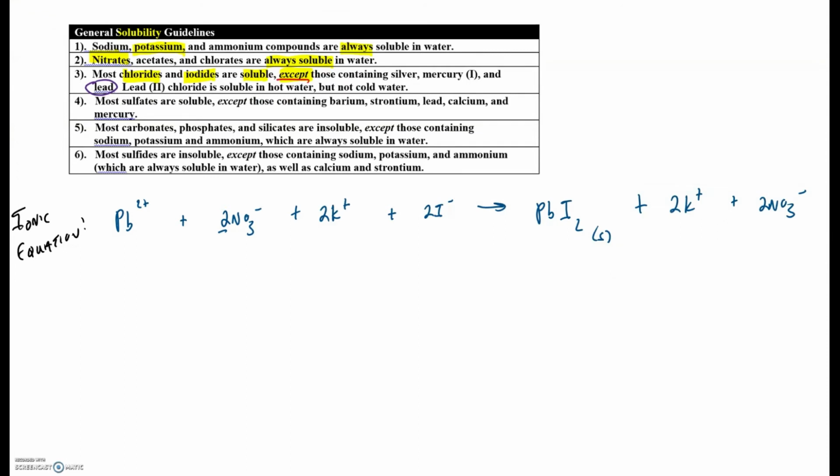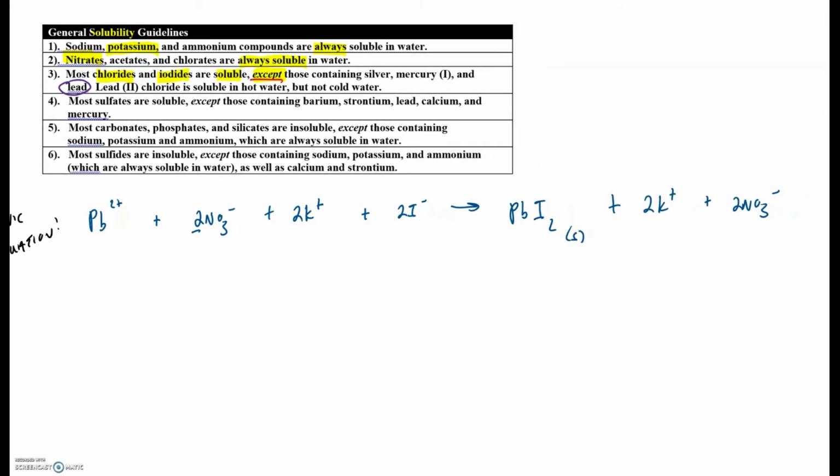What we notice at this level is that there are some ions that are involved in the precipitation and some that aren't. Here's what we mean. What's involved in making lead iodide? Lead and iodine. Notice how the nitrate looks exactly the same on both sides.